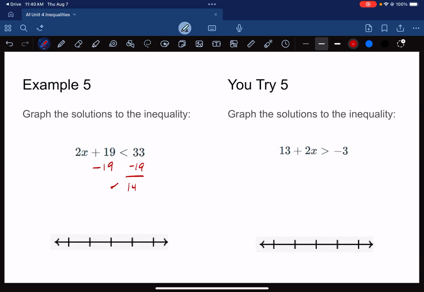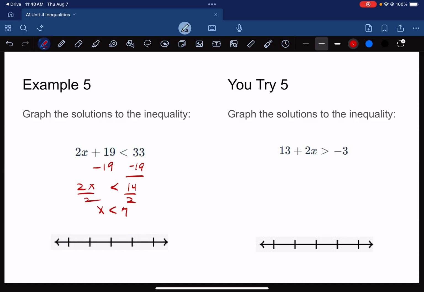I still have my 2x. And now I'm going to divide by 2, all very similar to solving equations. I'm going to get 7. Look at me putting equal signs down there. I'm so used to it, that's what I do. And did I divide by a negative?